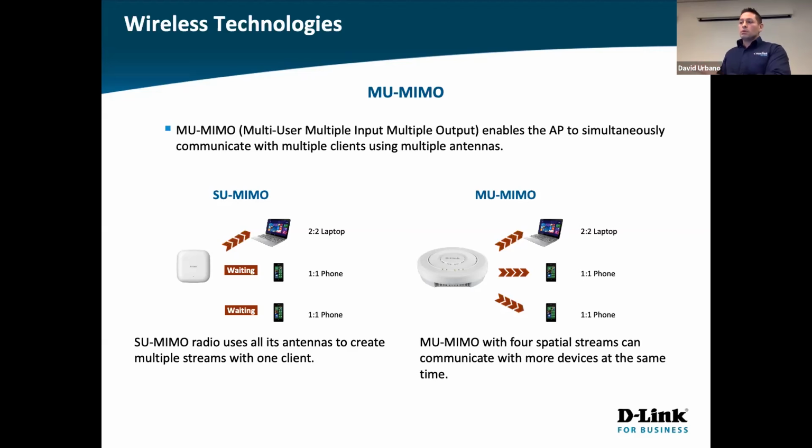That was single user MIMO technology. Nowadays, with multiple user MIMO, every single antenna and the array of antennas can support more than a pair of clients. They can support 3, 4, depending on the array of antennas, which is huge for dense environments, right? It is great for dense environments.